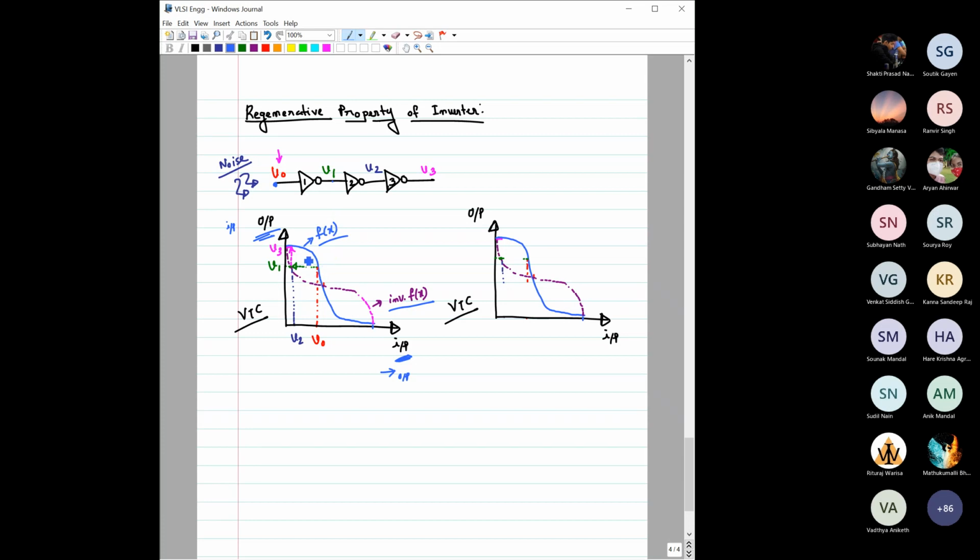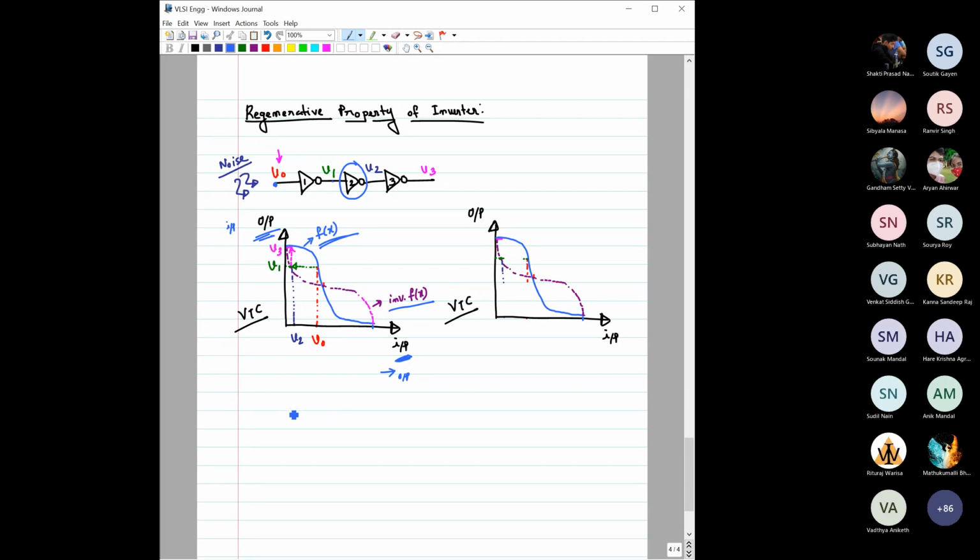Is it clear to you that if it is f of x for the first gate, then for the second gate, if I want to draw the VTC on the same plot, that VTC would look something like this? Are the axes the same, or are we changing them?